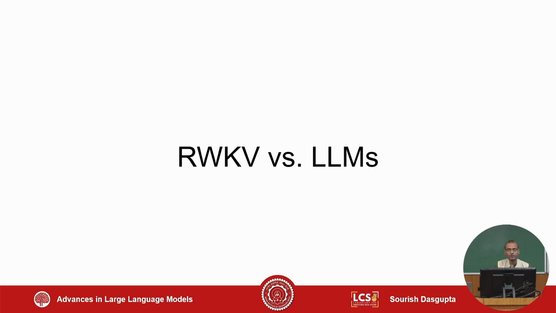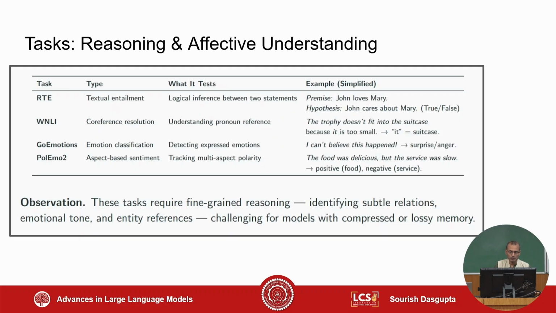Now, if you look at Rakov versus LLMs, how do they perform? The task was four different tasks.